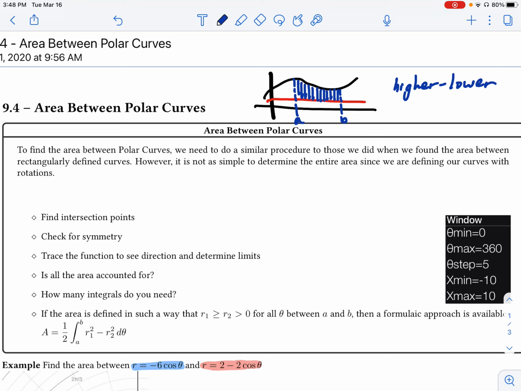Also, consider that we can use our calculators to help us trace the function and see what our limits of integration might be. And probably one of the biggest questions for us is to ask ourselves, is all the area accounted for? A lot of times we're going to want to look at the area inside a curve and then find that we've actually missed a particular area, or we might have counted that area twice. So these are all things that we want to consider.